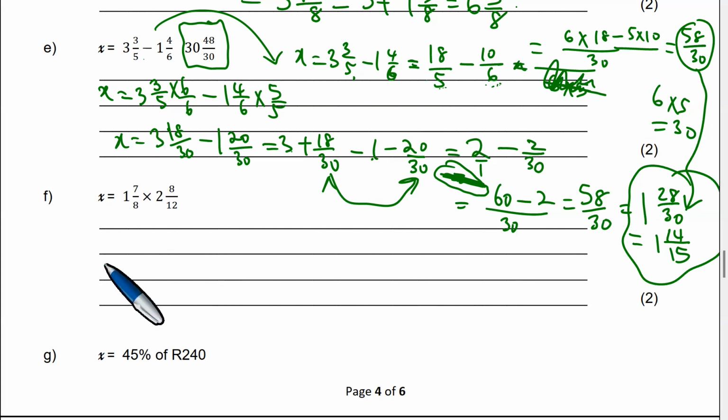Do F, please, using the same method like I've done here. So you say this 1 by 8 plus 7. You change this one to an improper fraction. You also change the one to an improper fraction and then continue. Okay.